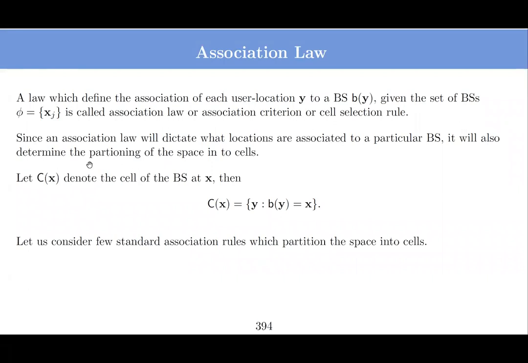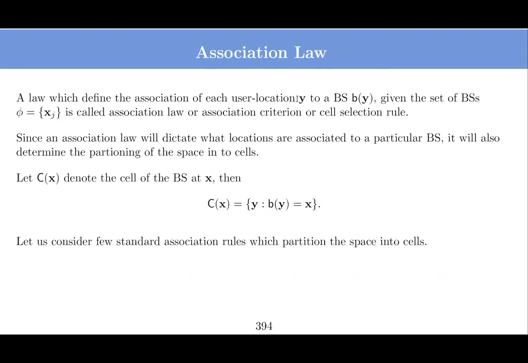There are multiple names for it. So you need to know where the base stations are. Given that, there is a law which will map the user location to the base station index, that this user will connect to this base station, and it just depends on the user location.